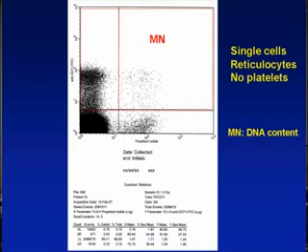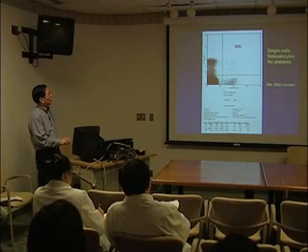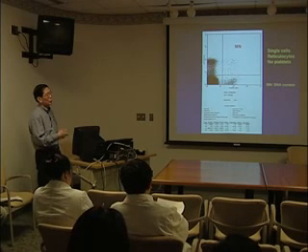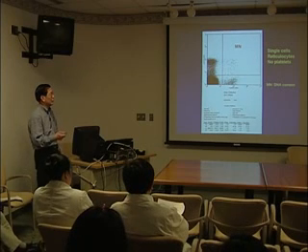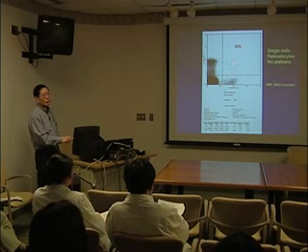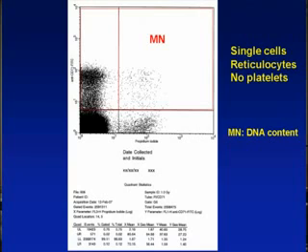Then if you look at the x-axis, it's the DNA content. These are the reticulocytes without DNA content, because normal mature red cells don't have any DNA. They are here. And here are the reticulocytes with a small amount of DNA. So that's your micronuclei. Okay?